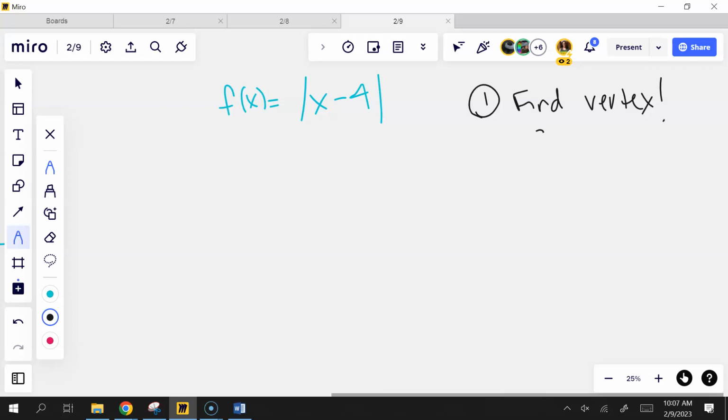No. We're going to set what's inside the absolute value equal to 0 and solve. If you need to write out absolute value in your notes, write that out.